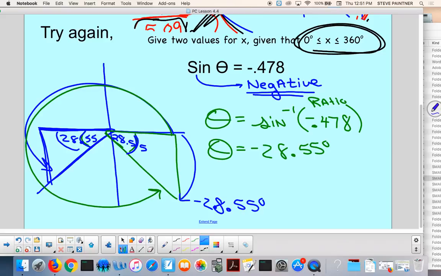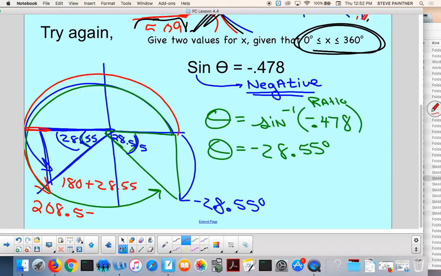But that's not the answer I wanted. I want your answer to be positive, and I want it between 0 and 360. So let's think about it. This one is going to be 180 plus the reference, 28.55. What is it? 208.55 degrees.